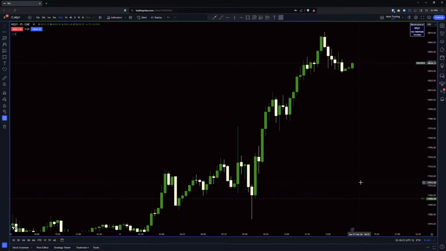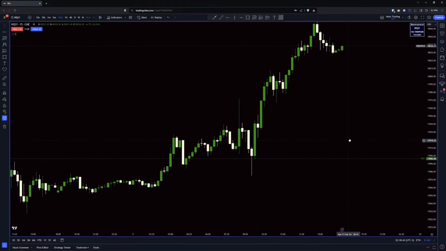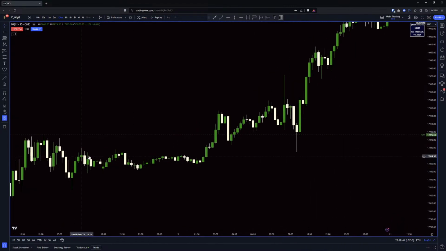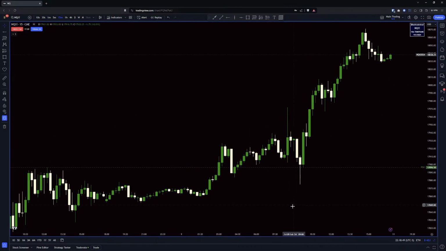We want to try to measure the move that's going to get us the quickest run on price, and the most amount of points, right? So the distribution phase, you can see it here right in front of you. We have accumulation, manipulation, distribution, right? The distribution phase is the part you really want to be a part of.